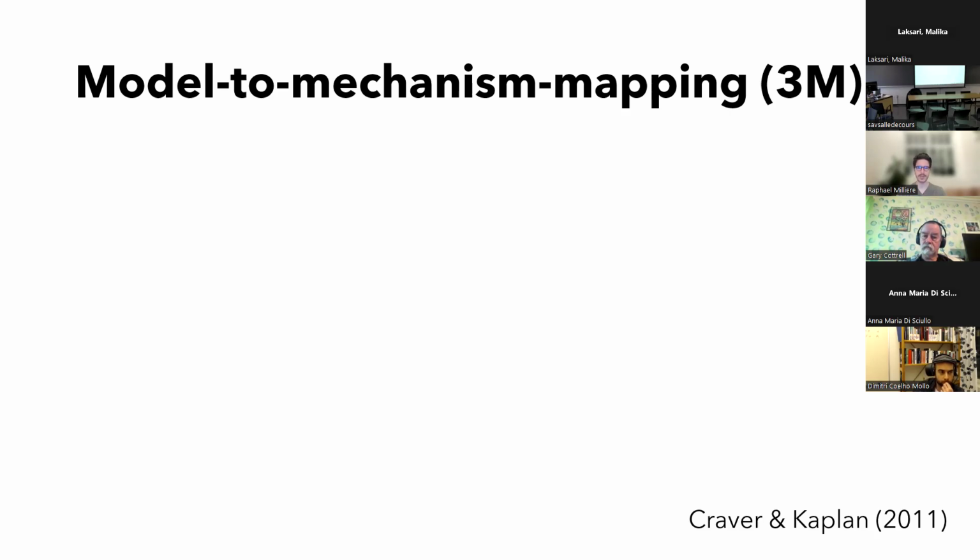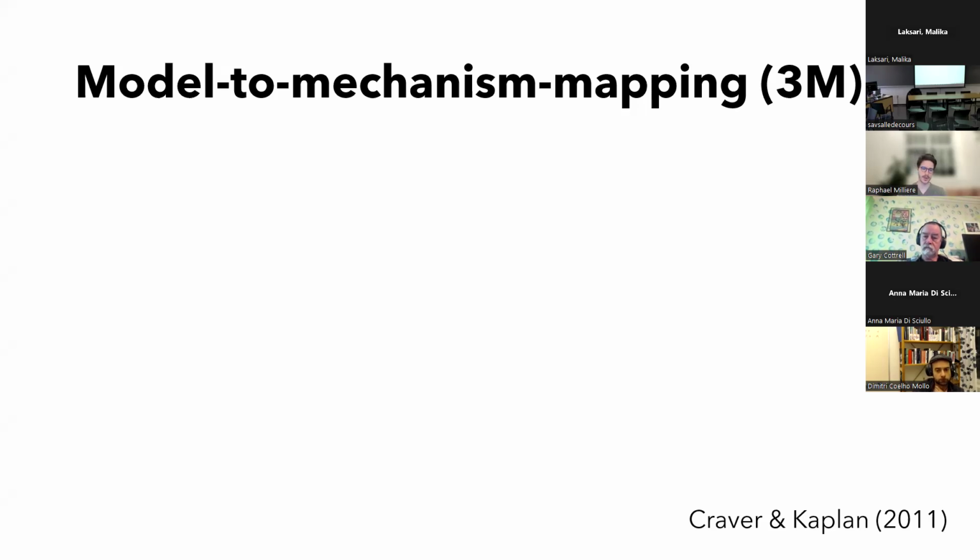These mapping constraints are intended to distinguish between, on the one hand, merely predictive or merely descriptive models, models that merely provide some accurate description of the system or some prediction of the target phenomenon, and models that are genuinely explanatory.